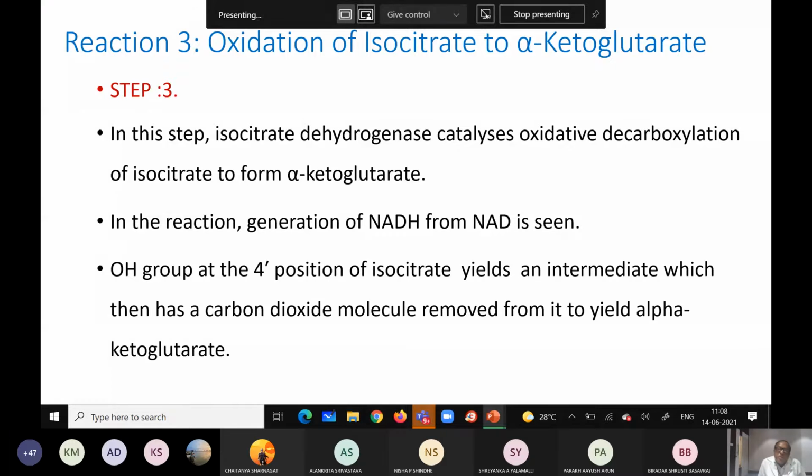NADH is formed at this step, along with the removal of a carbon dioxide molecule.